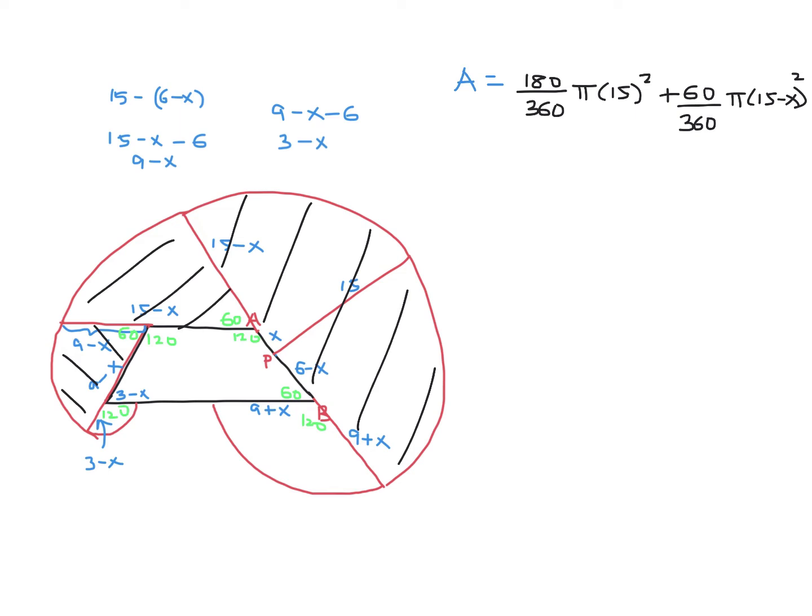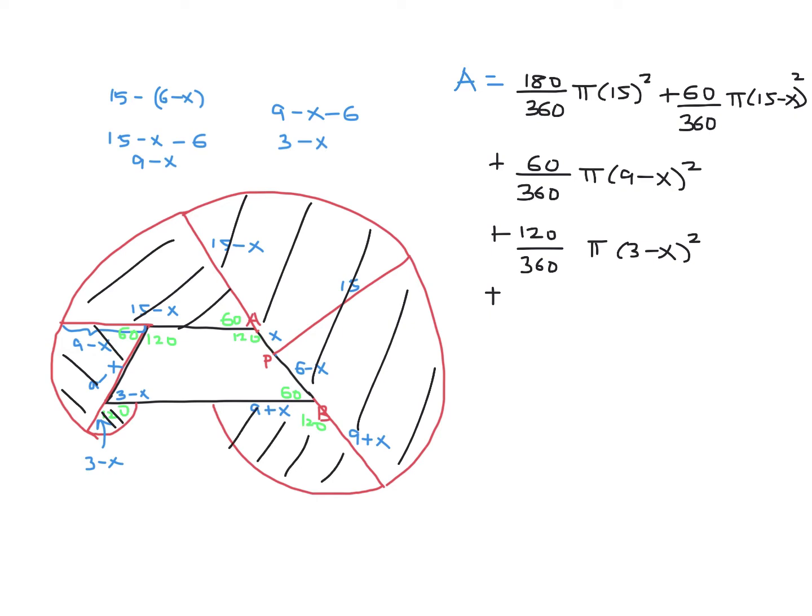That segment would be 60 is the degree, and then pi r, where r was 9 minus x here. And then let's see what else. This little guy here, that's going to be 120 over 360, and the radius there was 3 minus x. And then finally, don't forget about that one. That's going to be 120 over 360 in terms of its degrees, and the radius was 9 plus x.